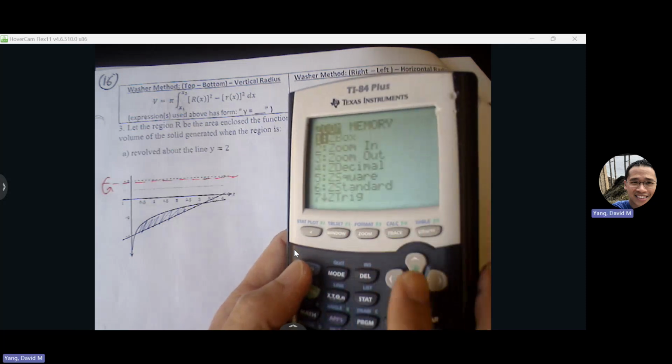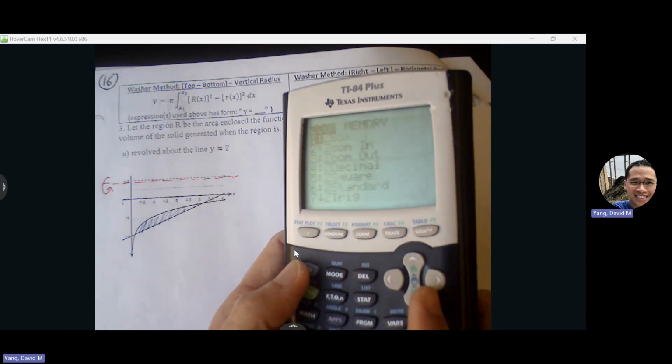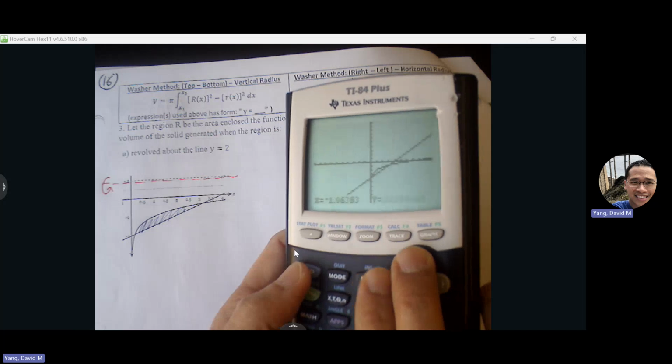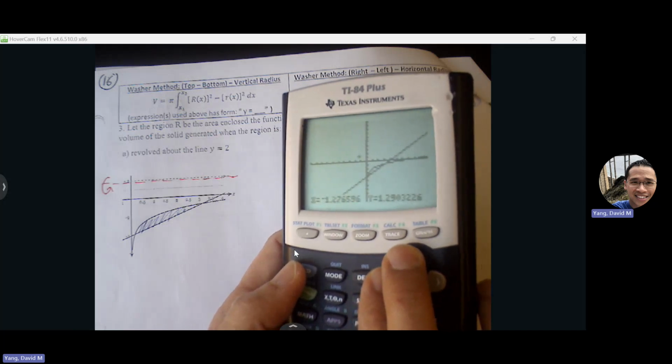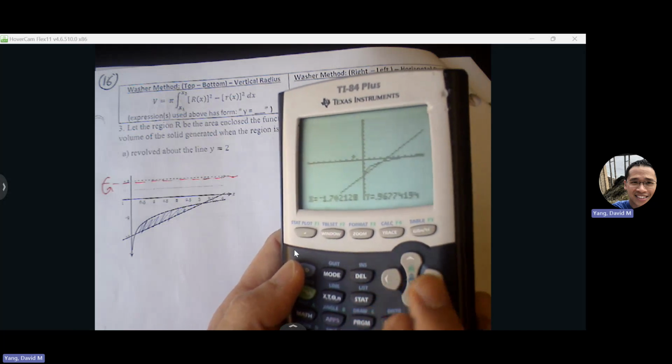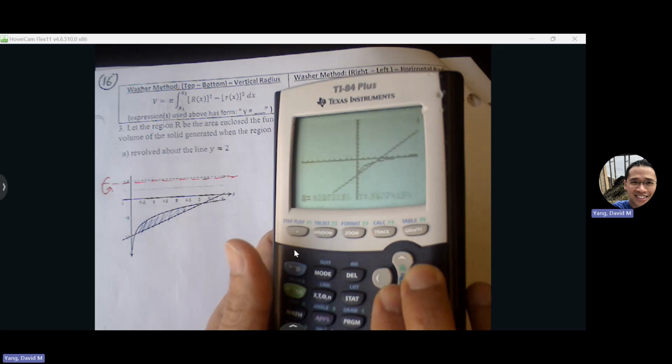If you do zoom box, you can zoom in on that region a little bit more closely so that it'll be easier to look for intersections.